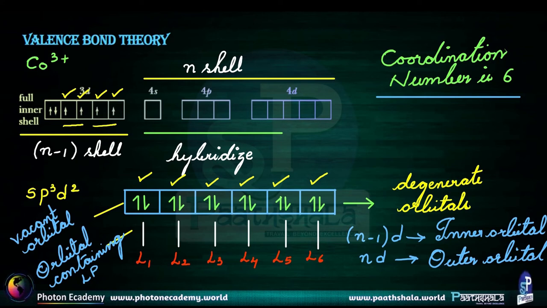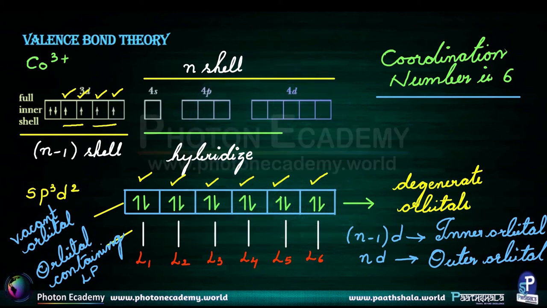So in cases where the d orbitals of the n-1 shell are involved in hybridization, we get to witness this force pairing phenomenon, which of course is not the case over here because we can clearly see the outer d orbitals involved in hybridization.